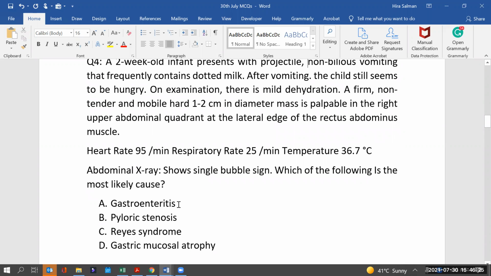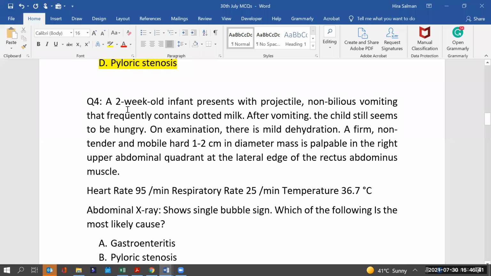So do you think it's gastroenteritis? You can see it's pyloric stenosis; the Reese syndrome is gastric mucosal atrophy. So this again is a very important clue. We usually find a double bubble sign, but whenever pyloric stenosis has just started, because this baby is just 2 weeks old, less than 1 month, maybe after 2-3 weeks, after 4 weeks, or within 6 months, this baby is going to develop too much hypertrophy of the pyloric sphincter, and the double bubble sign will be easily appreciable on X-ray.